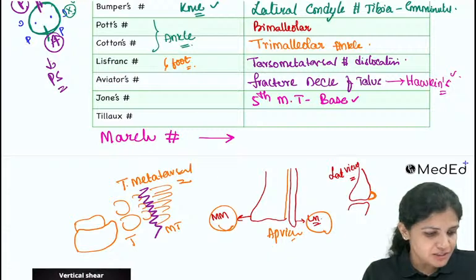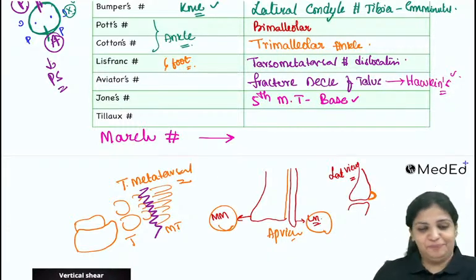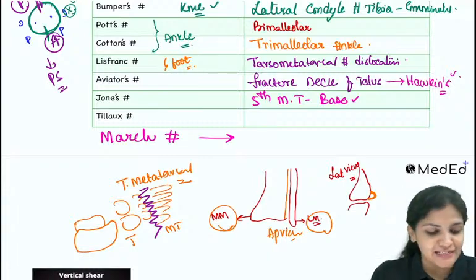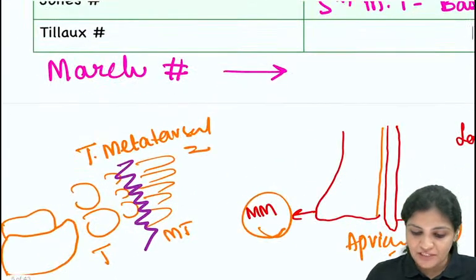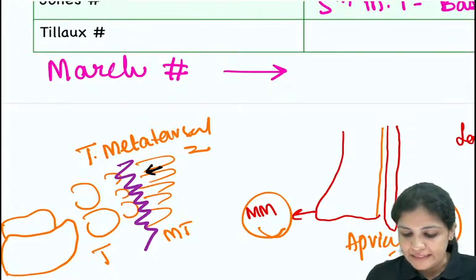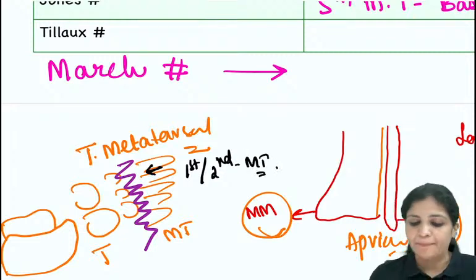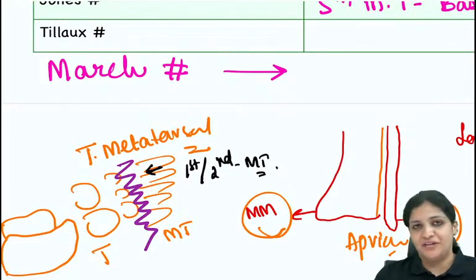Pratyusha, Sakshi. Yeah, very good. Whenever there is an increased gap between first and second. So whenever there is a Lisfranc fracture, this is the sign. When you see an increased gap between the first and second metatarsal, this gap is a telltale sign for us to identify the Lisfranc fracture.